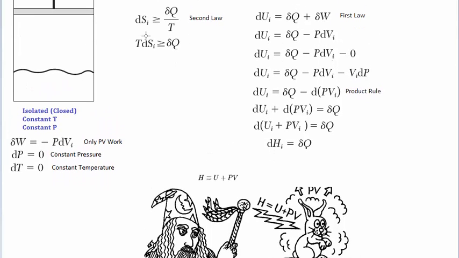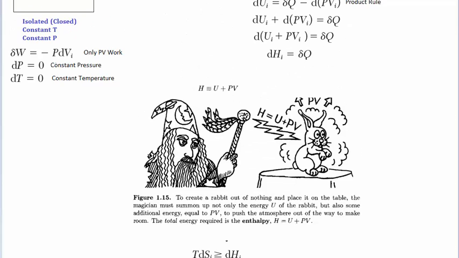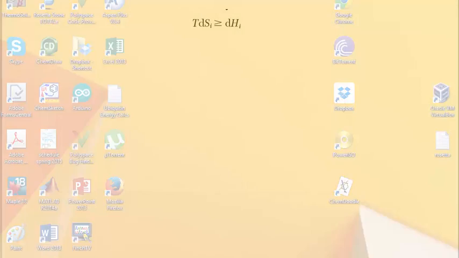Okay, so let's bring this and this together. So we're combining our first and second laws of thermodynamics under these two equations, and the result will be this. So again, this del Q and this del Q, you're going to simply get T dS is greater than or equal to dH.